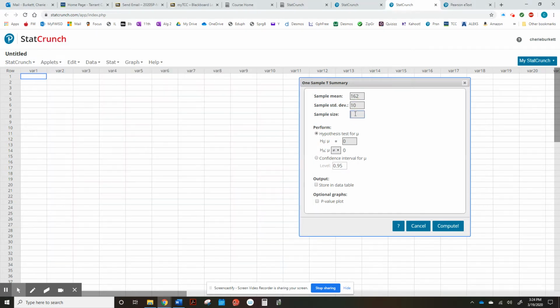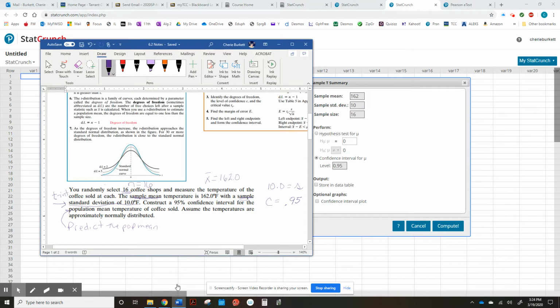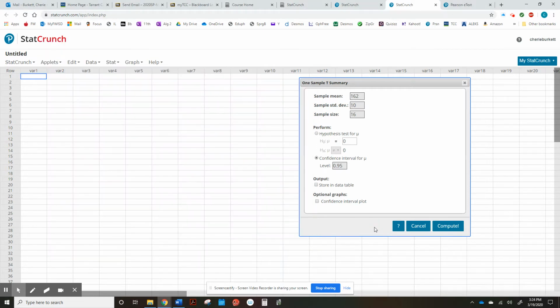And the sample size was 16. This is for another chapter. We are doing a confidence interval, and this particular problem asks us for a 95% confidence interval. So we're going to choose 95% confidence interval. I don't like having it store in this table because it all runs together. I like it to come up in a nice little window. I don't mind seeing it on the plot though, so I'm going to go ahead and compute.